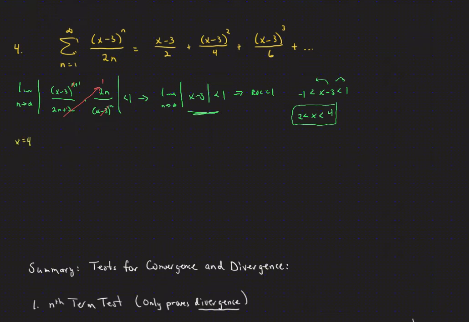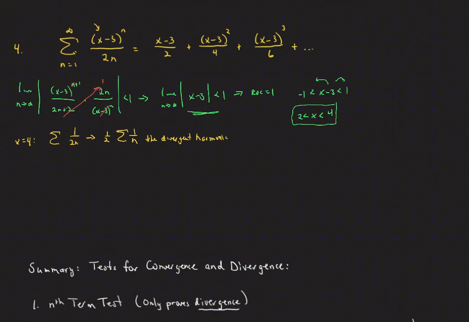So let's see what happens when we put in 4 for x. So back in our original, when we plug in 4, we get 4 minus 3 is 1. 1 to the n is 1. So this becomes 1 over 2n. So you may see that this is really 1/2, if you factor it out, times 1 over n, which is the divergent, harmonic series.